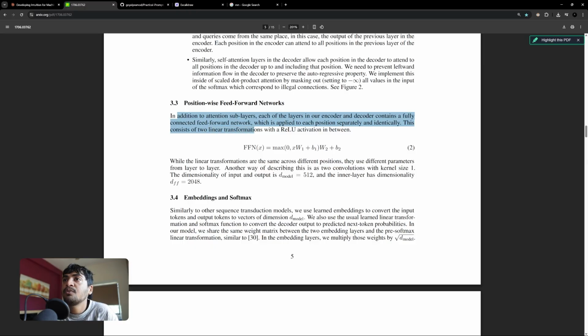This consists of two linear transformations with ReLU activation in between. While the linear transformations are the same across different positions, they use different parameters from layer to layer. Another way of describing this is as two convolutions with kernel size 1. The dimensionality of input and output is d model equal to 512, and the inner layer has dimensionality dff equal to 2048.